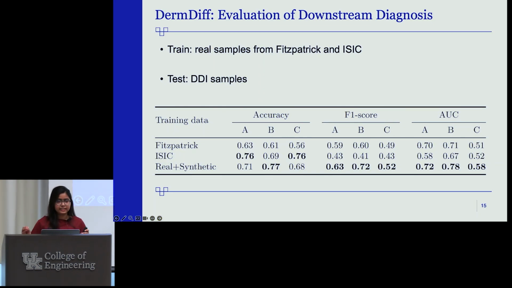Then it calculates the distance between the two distributions. If the distance is lower, that means the generated samples are more similar to the original samples. Yeah, I have that in my next slides.